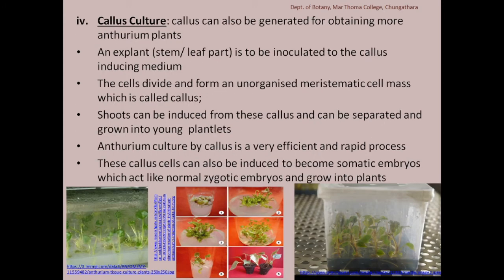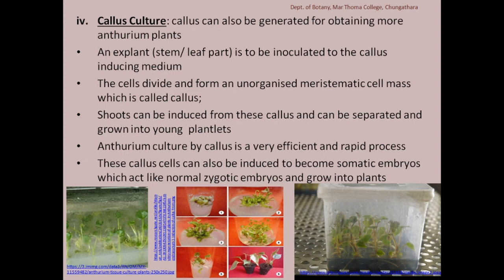Another important tissue culture technique is callus culture. Callus is a mass of cells which are formed from cell division. From this mass, small shoots will arise, and these can also be grown in a separated fashion and form into young plants. The explant can be a part of the stem or the leaf.